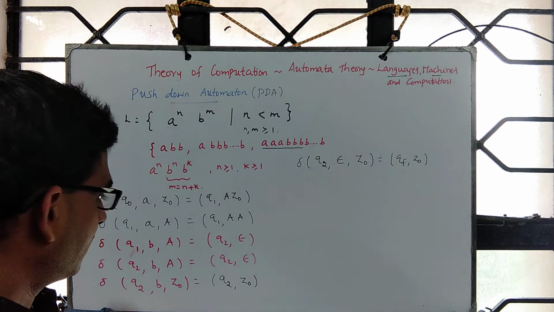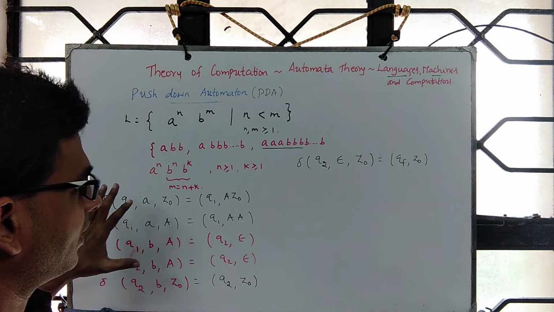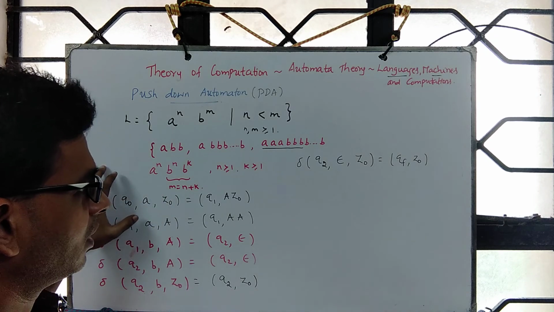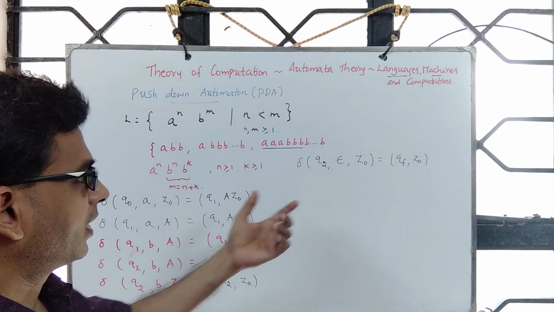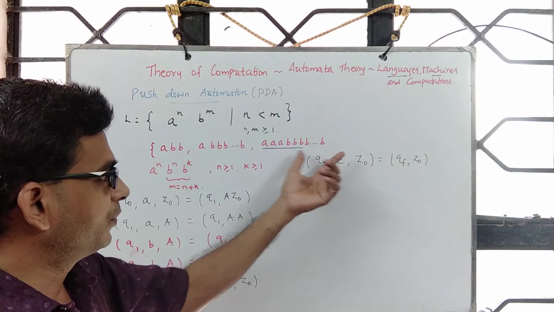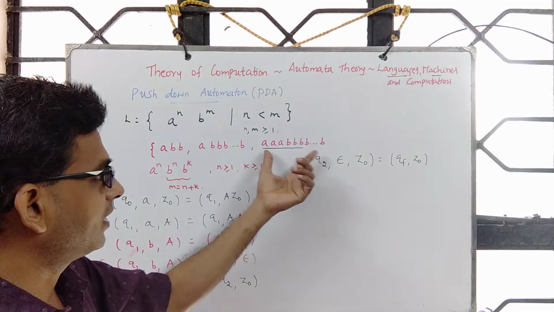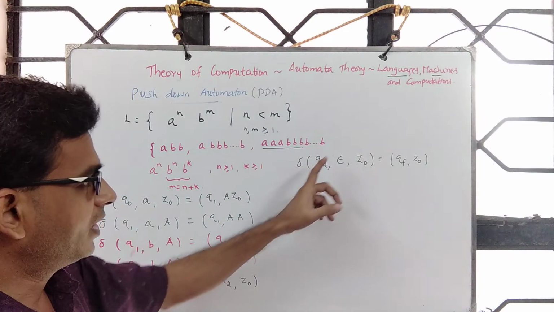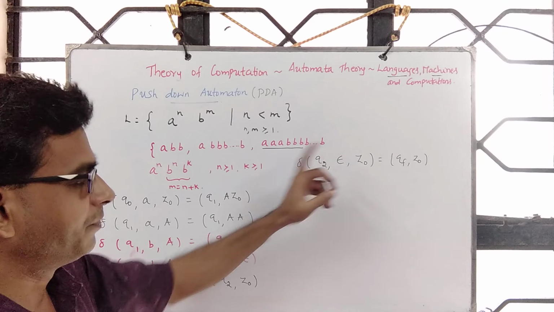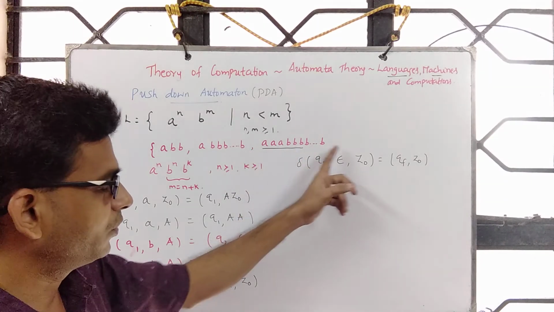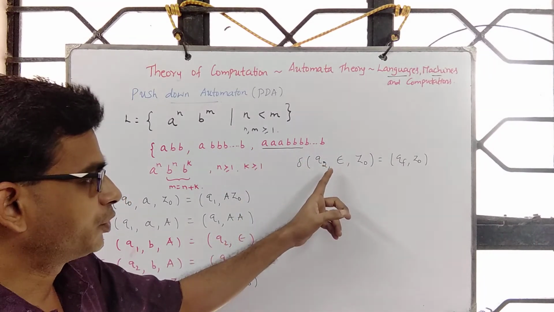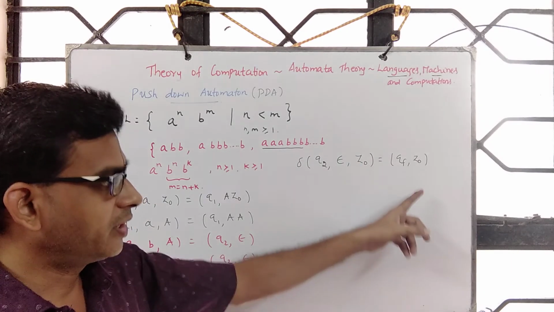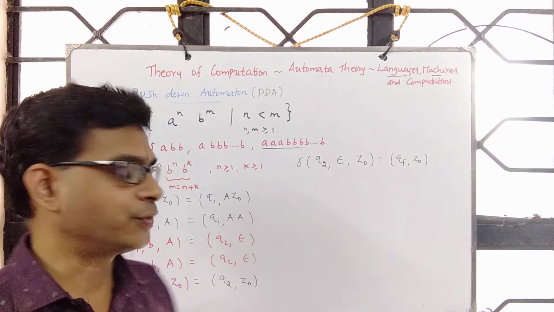So this construction tells you a strong message that when you construct an automaton, one has to be careful that if you are looking for a specific pattern like A power n, B power m and so on, unless you exhaust the tape, unless you scan through the entire string, you should not take the automaton to final state, or you should not accept by emptying the store.